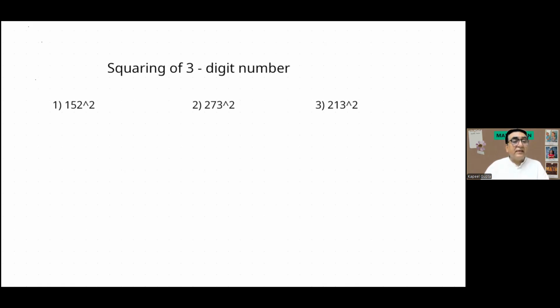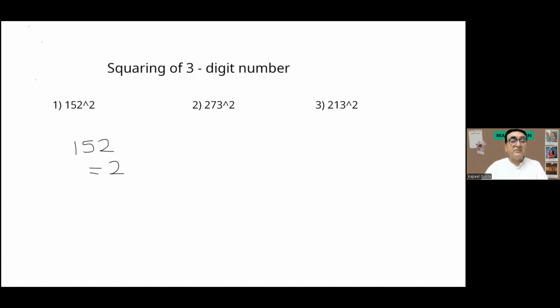So let me write this: 152 only. Let us take this as the three-digit number, because that will in any case be part of the main question. Now we have to calculate the product of the first and the last digit and double it.